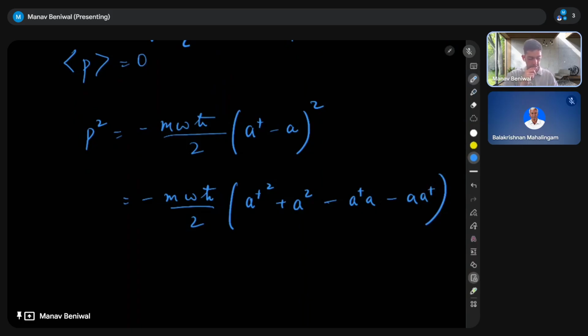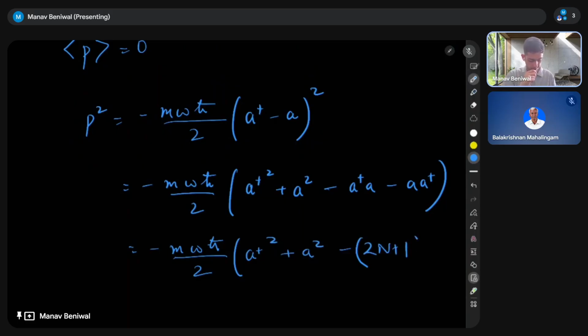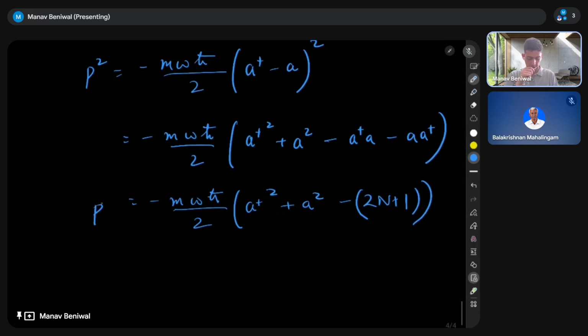Okay, and now we can further simplify this using the number operator as a dagger squared plus a squared minus 2n plus 1, where n is nothing but the number operator. So this is our p squared.